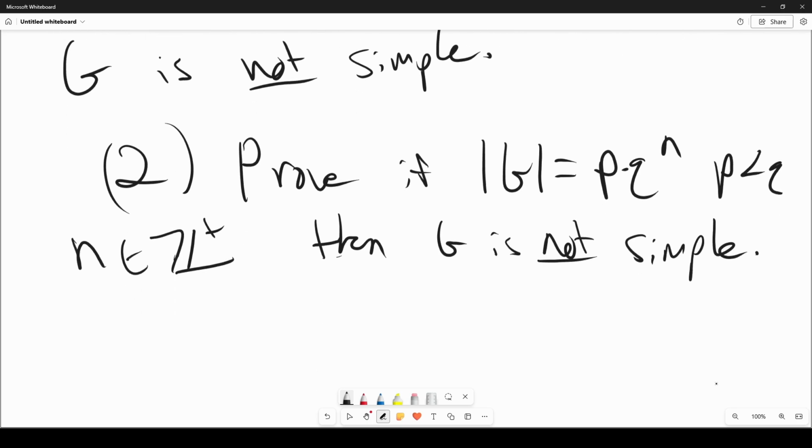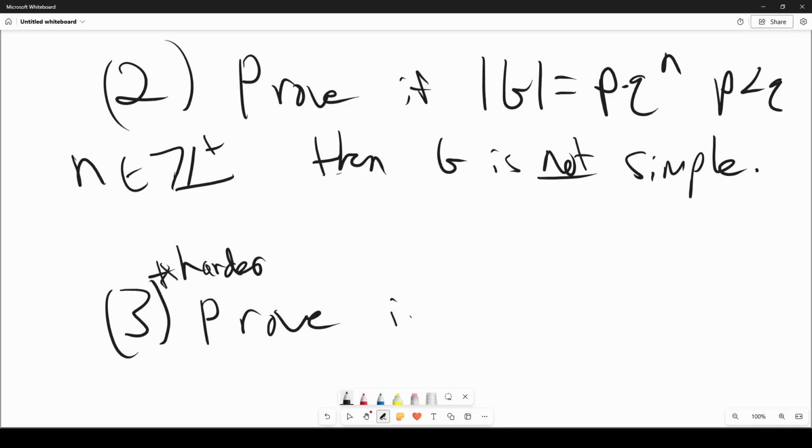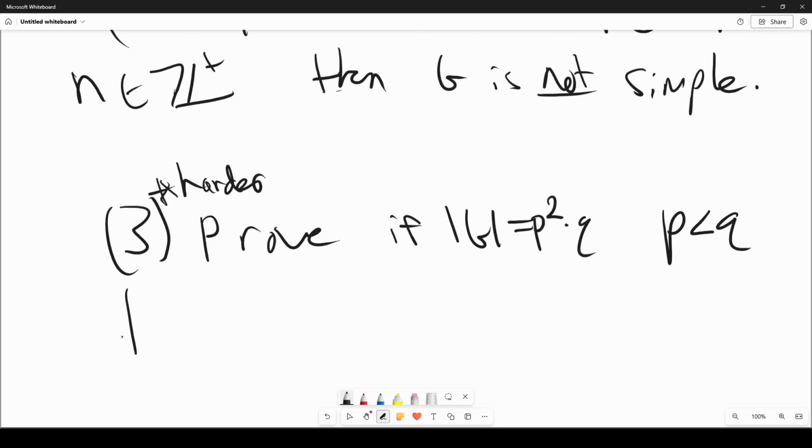Finally, this third one, which is going to be a little difficult, so harder, is prove that if the order of G equals P squared times Q, where P is less than Q, and remember they're still all primes, then G is not simple.